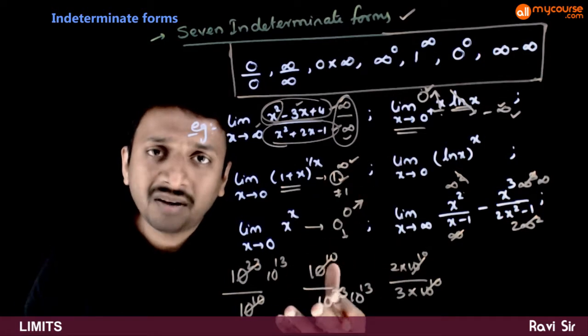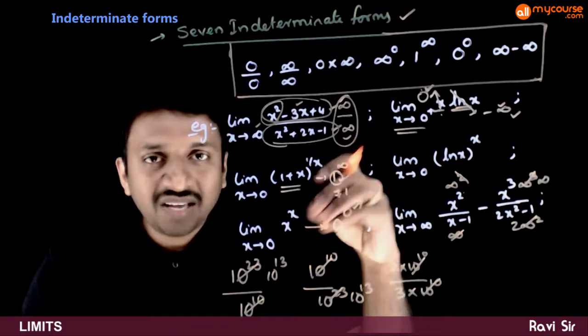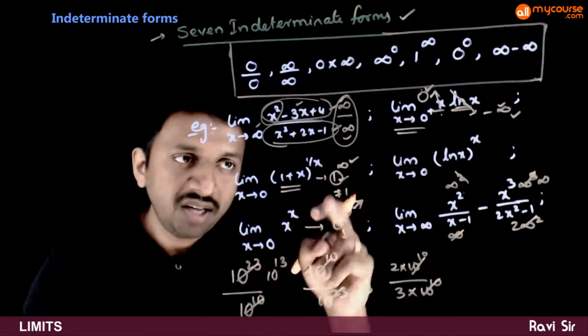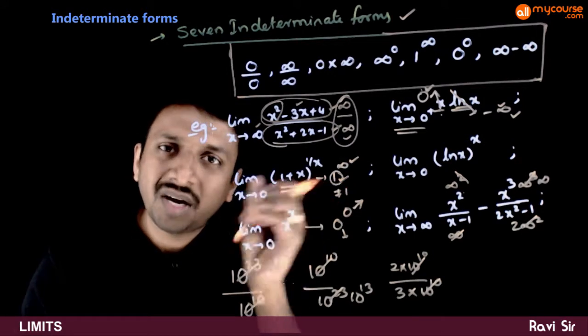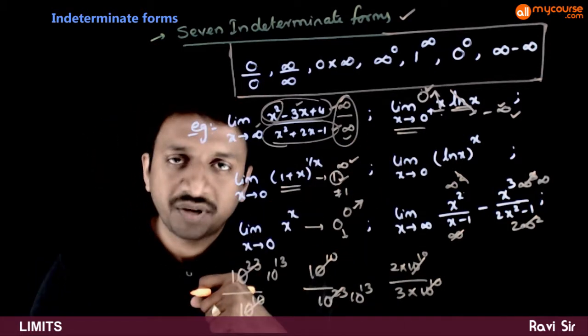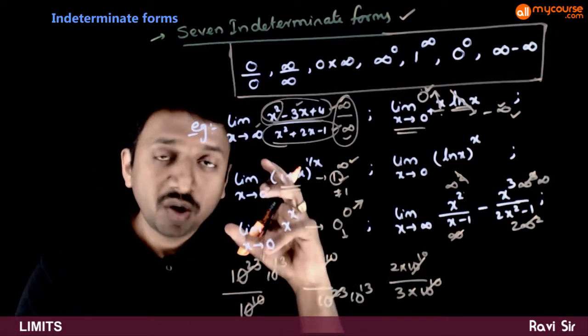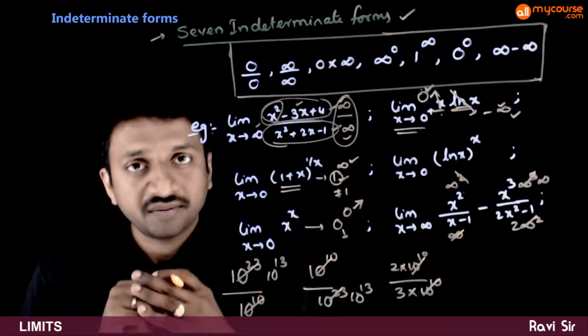Infinity is not a number such that x will be equal to that. So infinity means a very, very large quantity. 1 means a number which is very, very close to 1. So what happens if you raise 1 to another power? You need to understand the difference between exactness and approximateness.